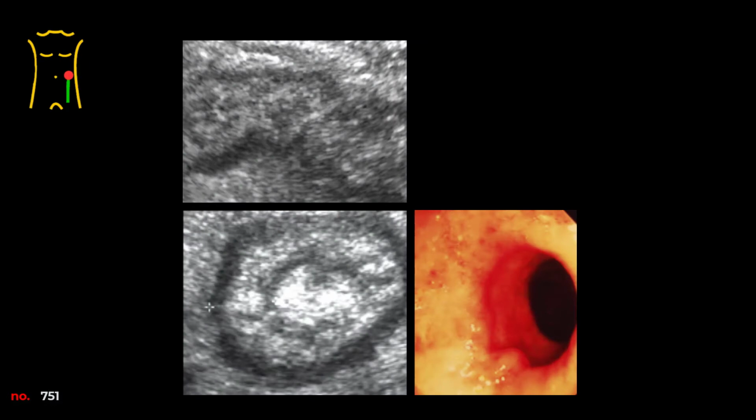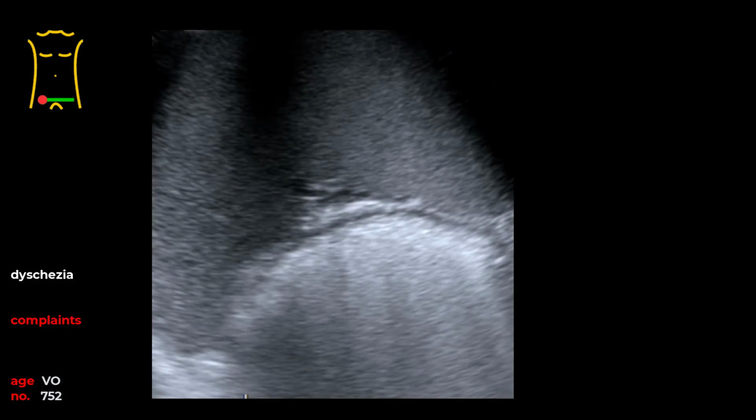In 751, you see an echoscopic and endoscopic feature of colitis. In 752, you see a typical lump of facies dyschizia.